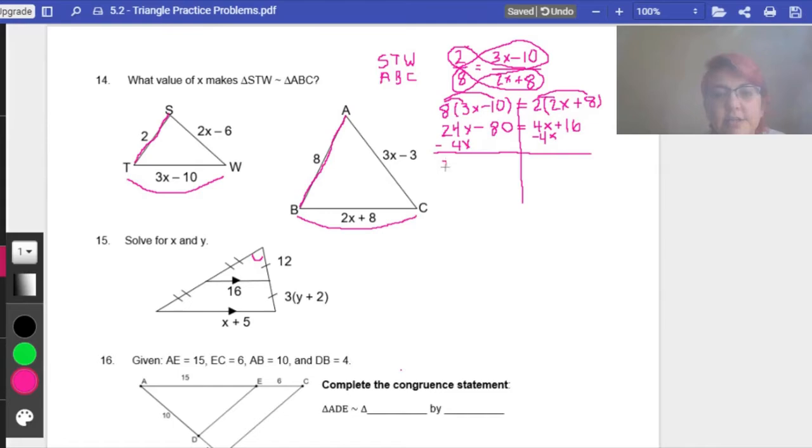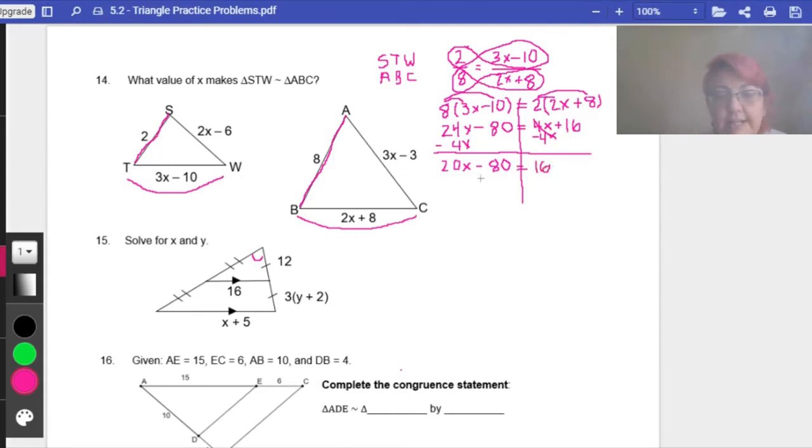All right. So now 24 minus 4 is 20x minus 80 equals, those cross out, 16.